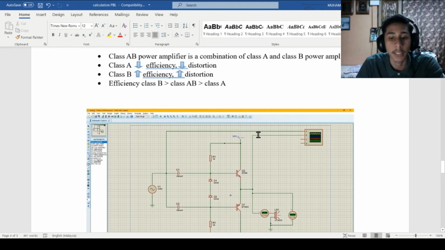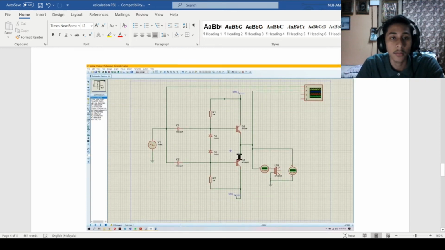In the class AB circuit, the diodes need to be of the exact same value and placed as close as possible at the output signal. Adding a resistor into the circuit will provide stable current across the device. Now we will look at the schematic diagram for our PA system.